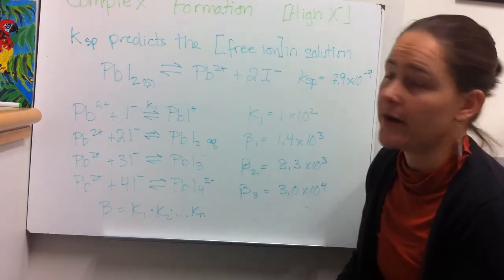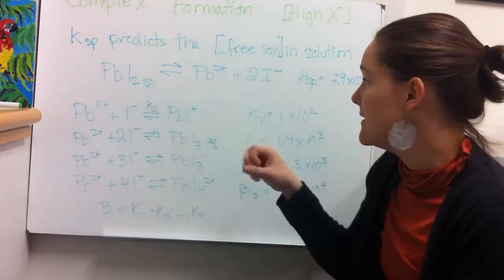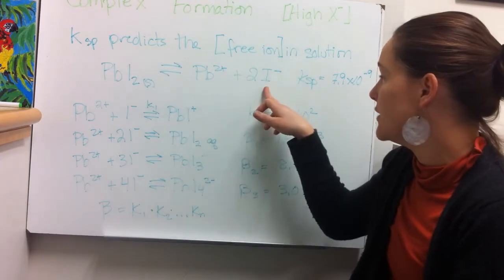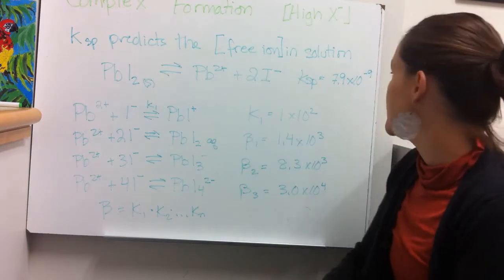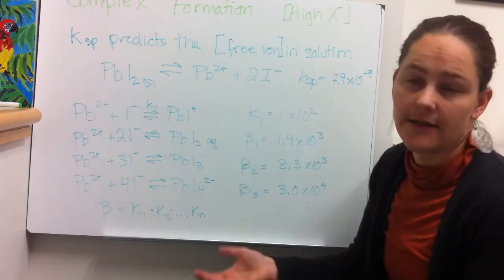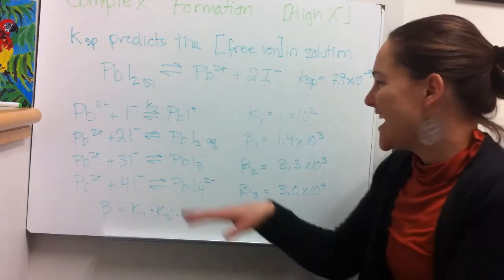So we'll talk about lead iodide. We have Pb 2+ and 2 I minus, with a KSP of 7.9 times 10 to the negative 9.